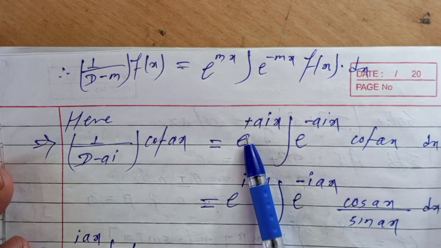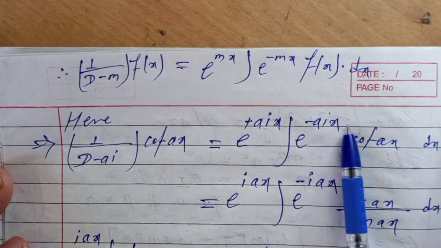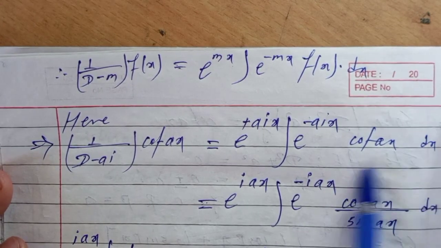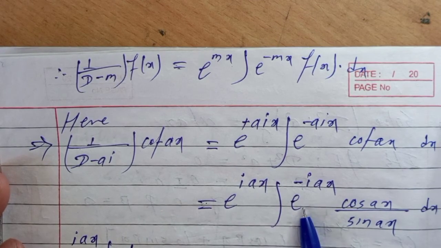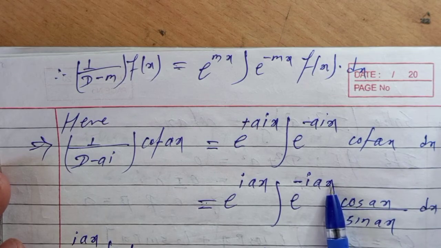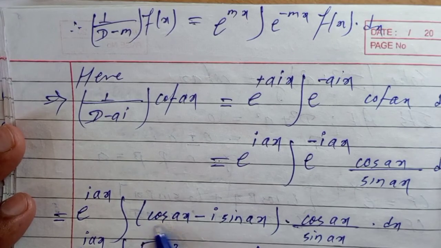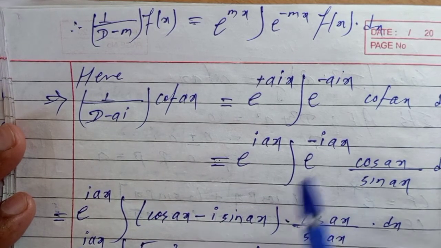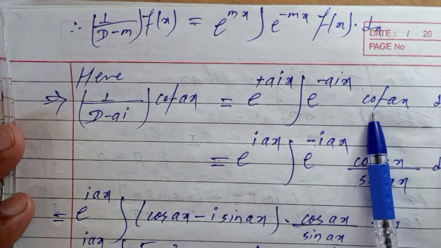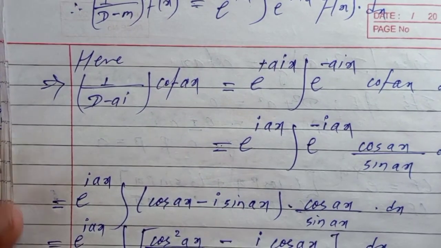So it becomes e to the power aix, integration e to the power minus aix cot ax dx. Means here we are going to write the value of e to the power minus iax from the Euler theorem, which can be written like this: cos ax minus i sin ax, and the cot term is changed into cos and sin term.